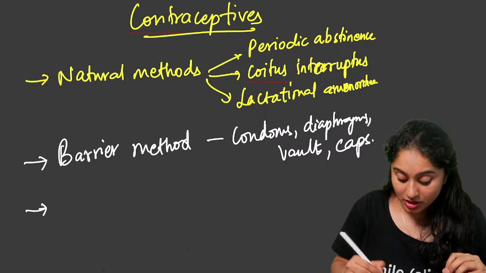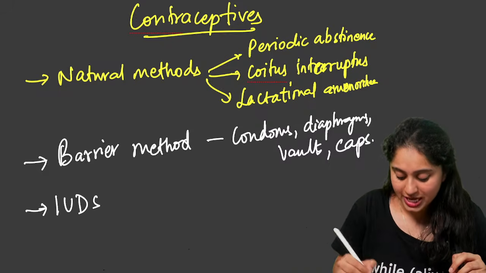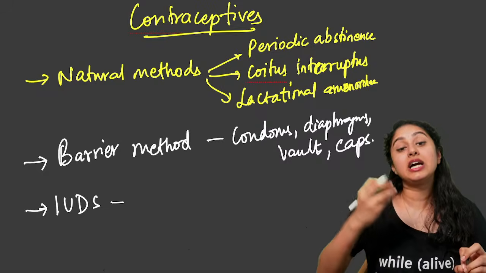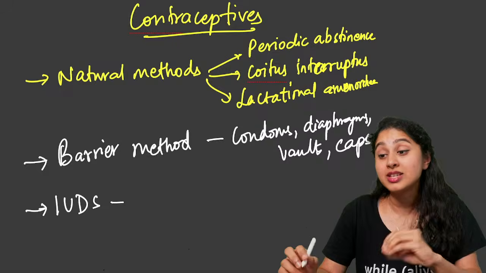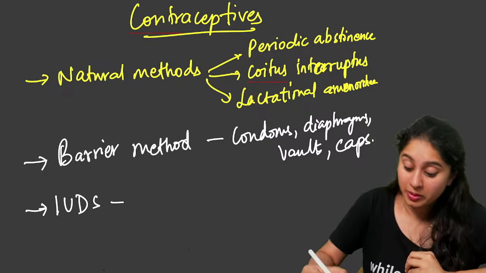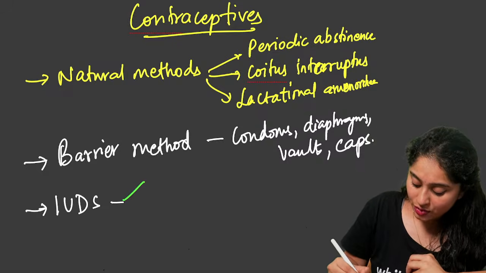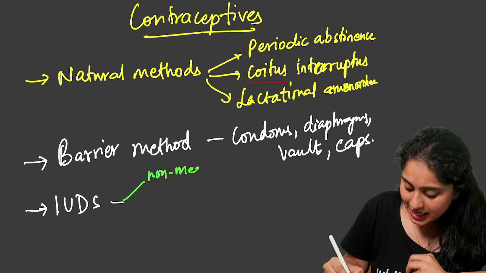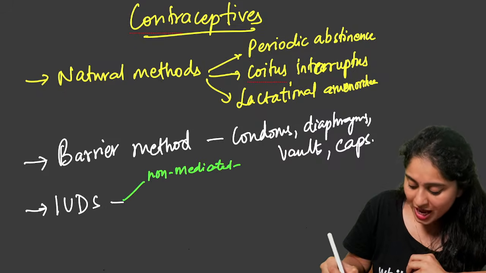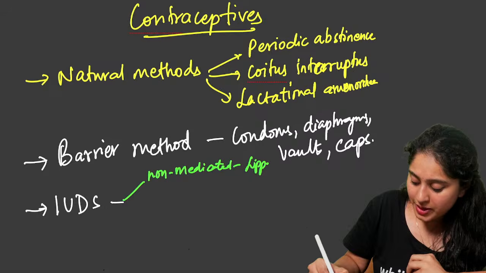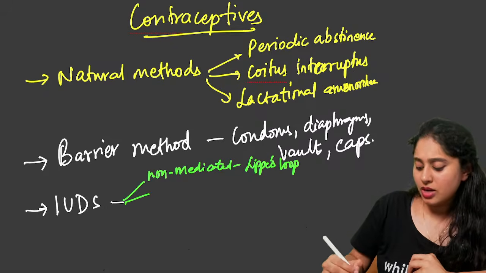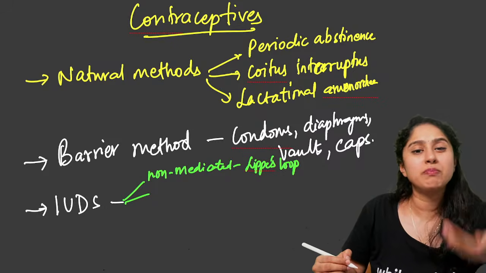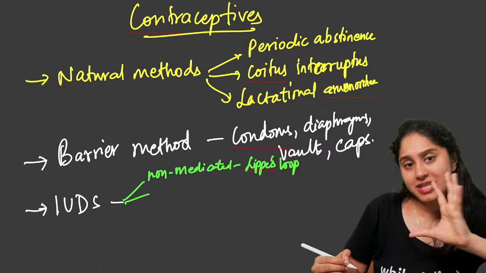Now after barrier methods, we have the IUDs, which are intrauterine devices. Remember, examples of intrauterine devices are super important. Firstly, we have the non-medicated IUDs. Examples are Lippes loop, please remember. Non-medicated means they will just increase the phagocytosis of the sperms, and that's about it.